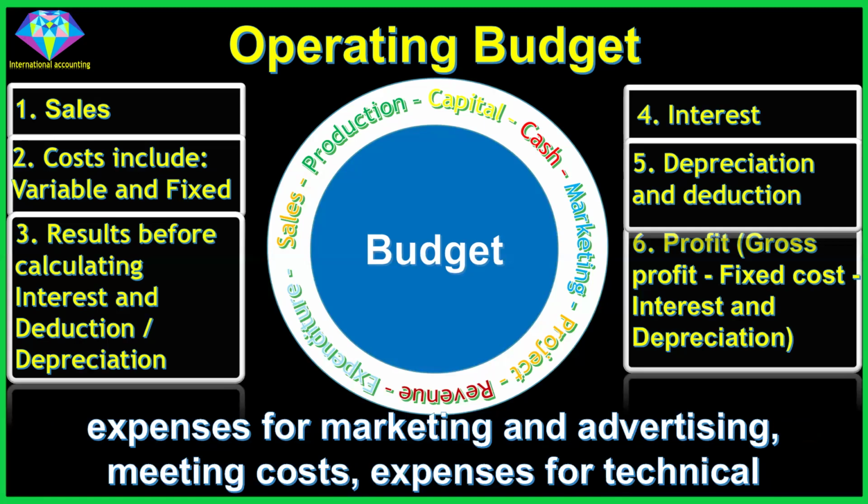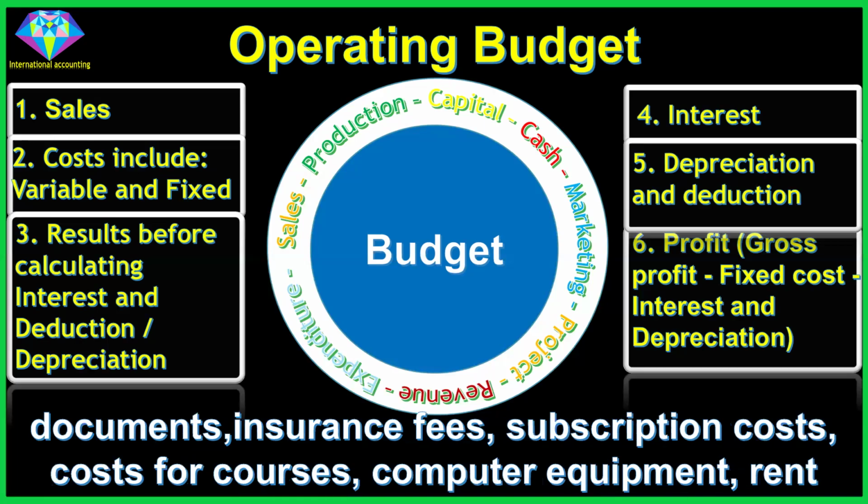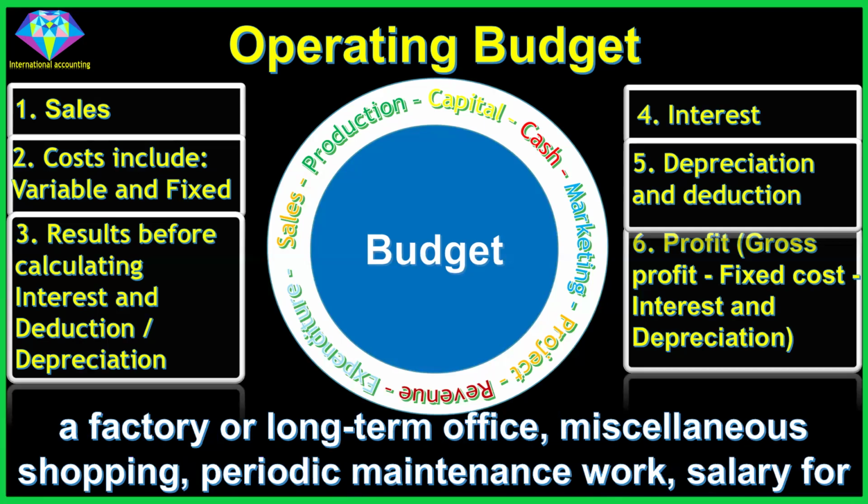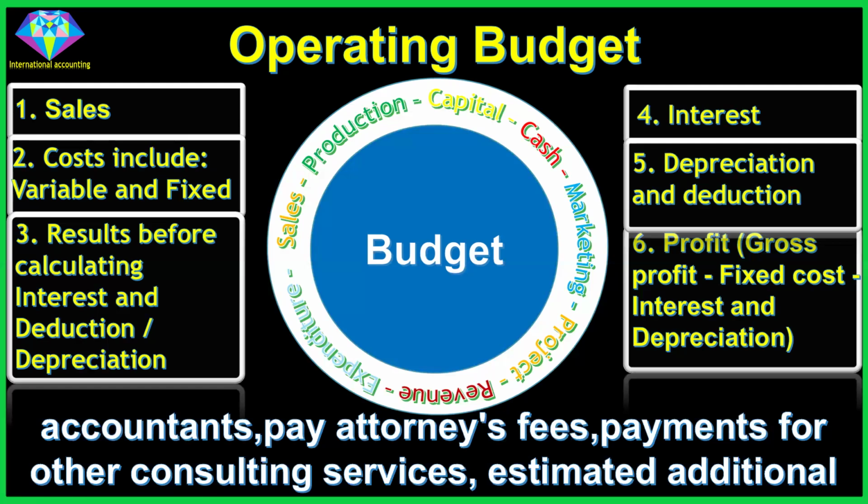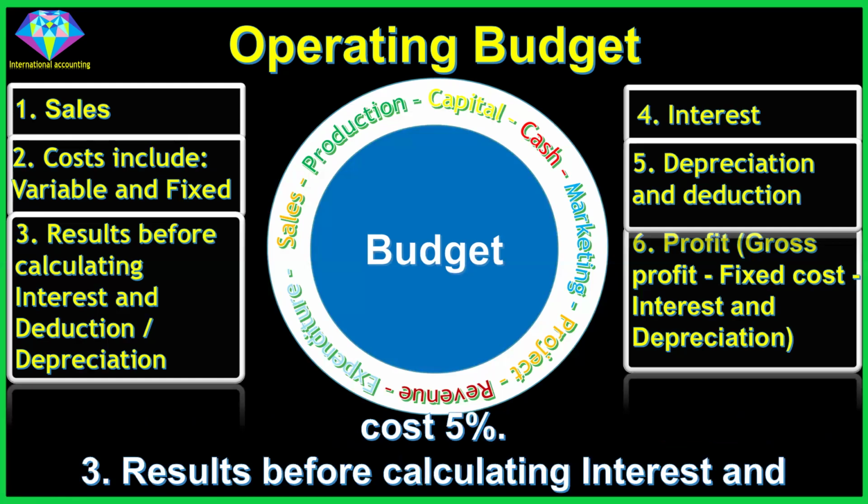Expenses for marketing and advertising, meeting costs, expenses for technical documents, insurance fees, subscription costs, costs for courses, computer equipment, rent a factory or long-term office, miscellaneous shopping, periodic maintenance work, salary for accountants, pay attorneys' fees, payments for other consulting services, estimated additional cost 5%. 3.